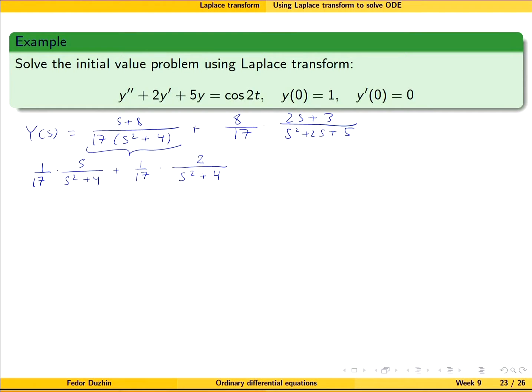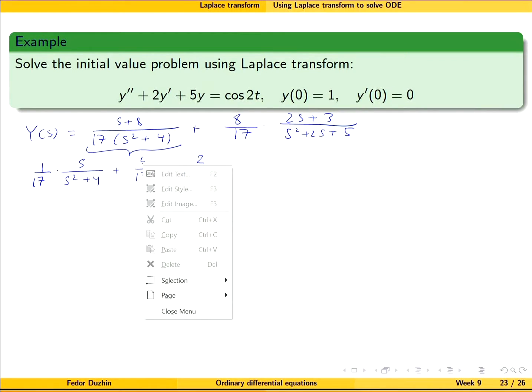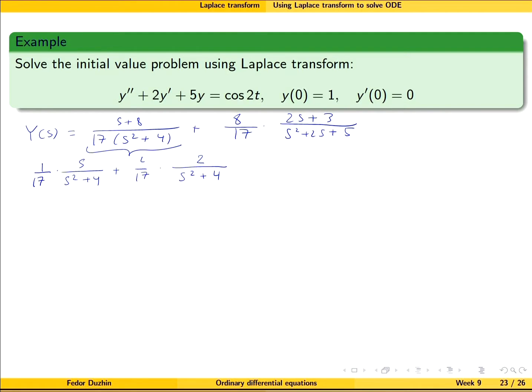But then the total product is 8, so I need to write 4 so that it is correct. So this term gives us 1 over 17 cosine 2t, and this term gives us 4 over 17 times sine 2t.